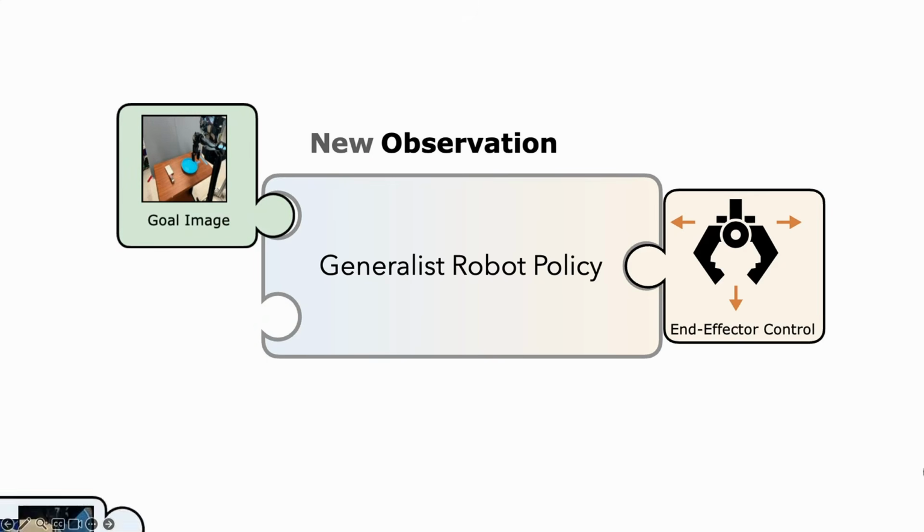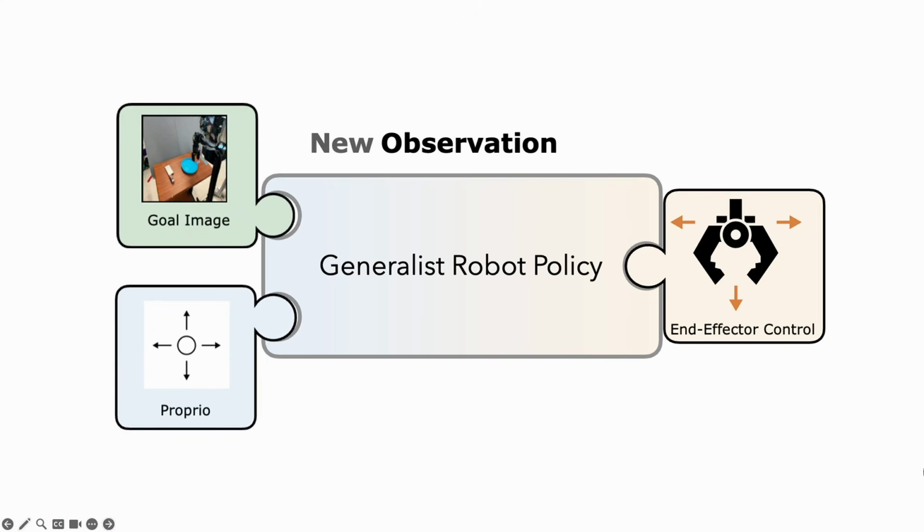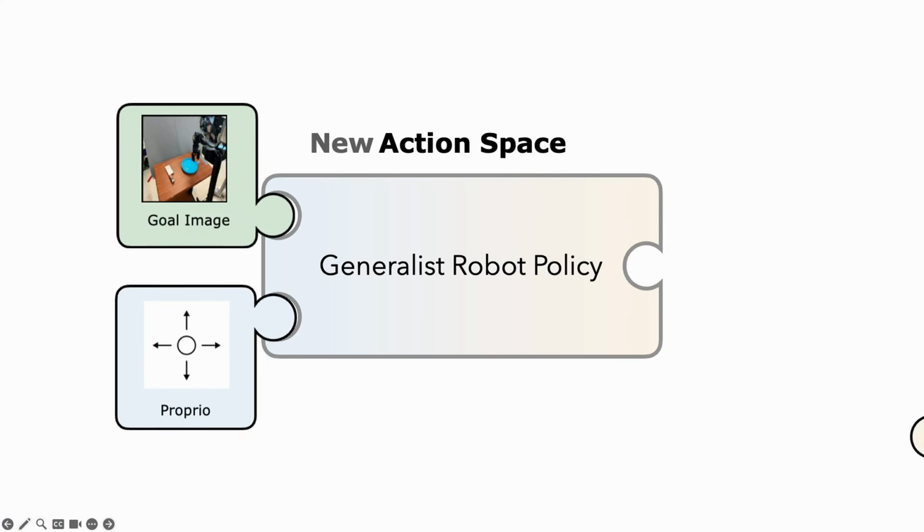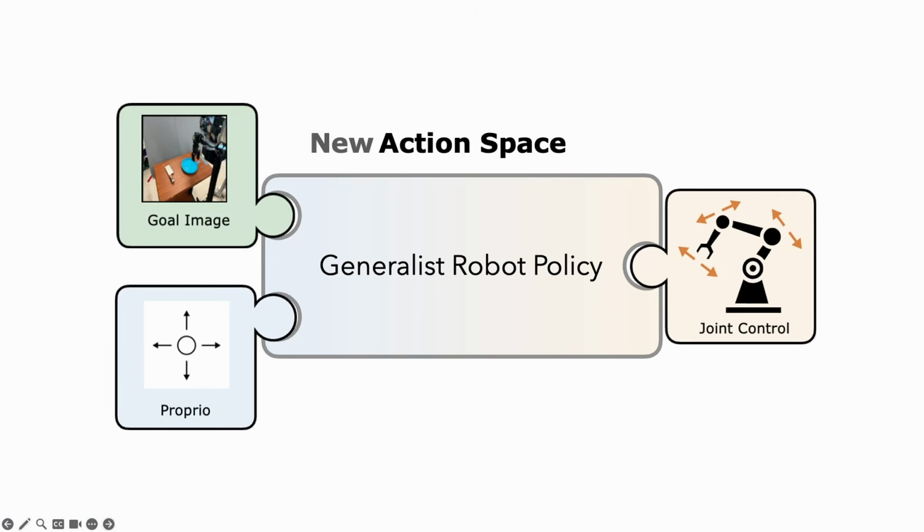They have different task specifications, different types of sensors, different numbers of cameras, maybe one robot has a single camera, another has three or four, and very different action spaces. Figuring out how to share information and knowledge across robots that look so different makes this a very challenging problem.